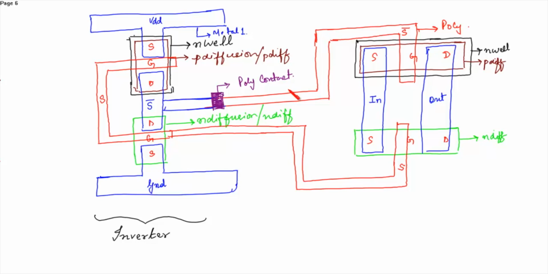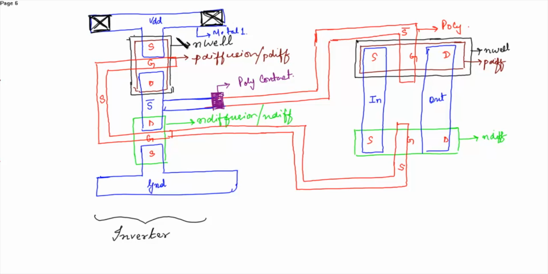Now you have to place the contacts here at the substrate, or at the VDD you have to place the substrate contacts. That is, in the VDD you have to place the N substrate contacts.